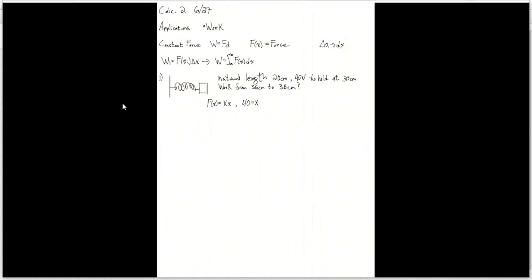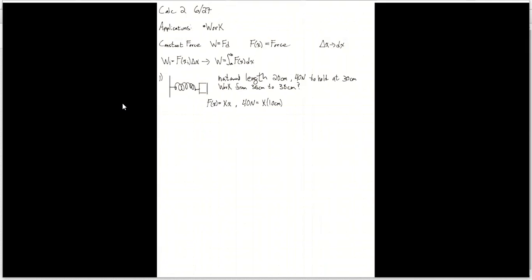Now, I should actually back up here and write the units in because it's important. I'm sorry, it's 10 centimeters, right? Because it's the displacement. And we're going from 20 to 30.